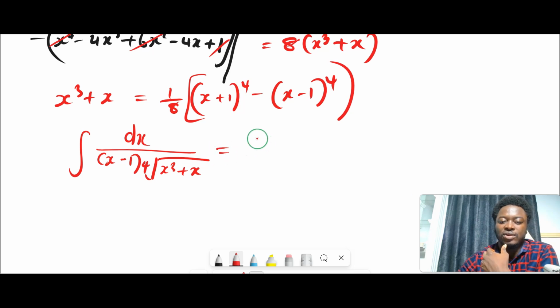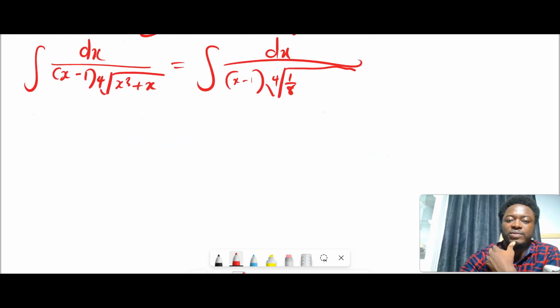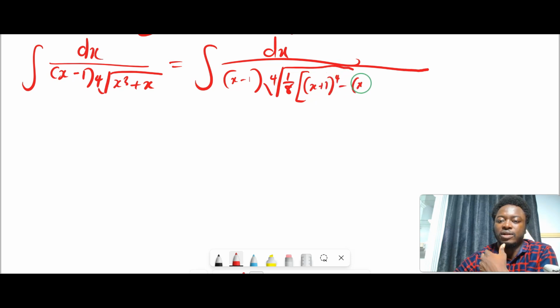This is going to equal the integral of dx, and then you have an x minus 1 times the fourth root of, now everything here is 1/8, so I'll put that here, 1/8 of x plus 1 to the fourth minus x minus 1 to the fourth power.